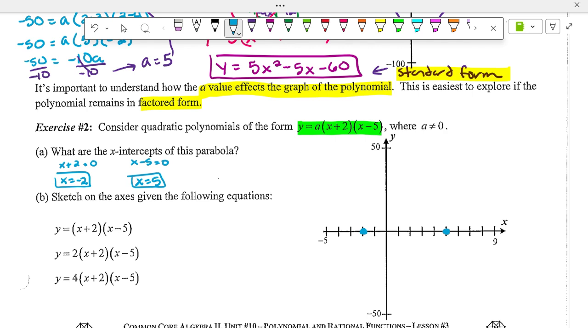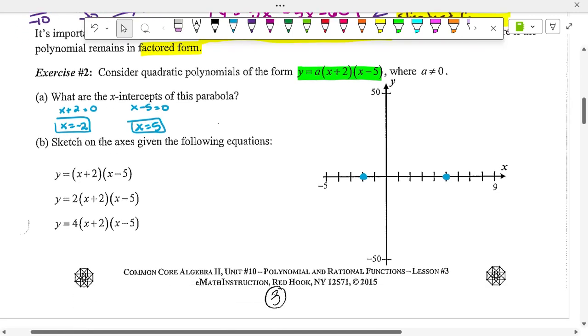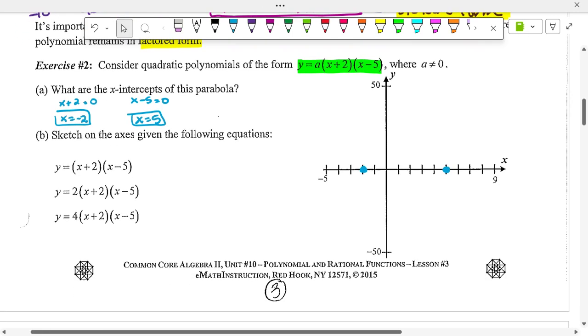So let's take some predictions here. If we look at these next functions, they have the same x values, but different a values. That's the only difference between them. What do you think is going to be the difference between this first function and the second function?